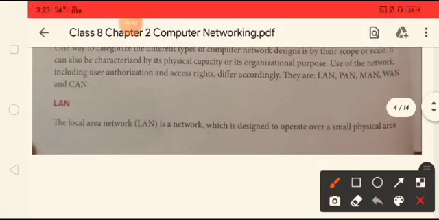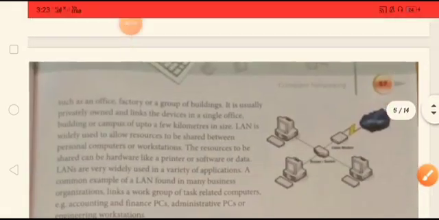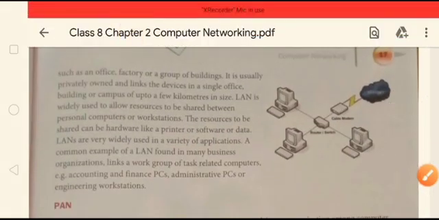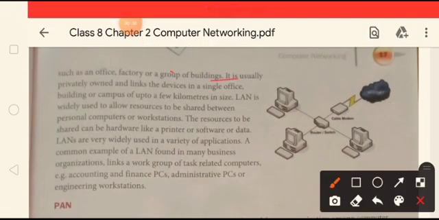Now, first one is LAN. LAN, the local area network, is a network which is designed to operate over a small physical area such as an office, factory, or a group of buildings. It is usually privately owned and links the devices in a single office, building, or campus of up to a few kilometers in size.